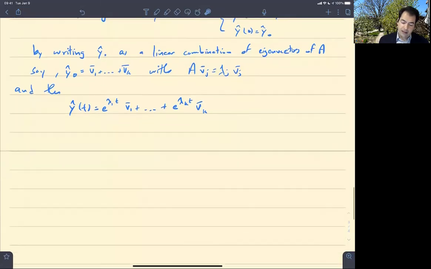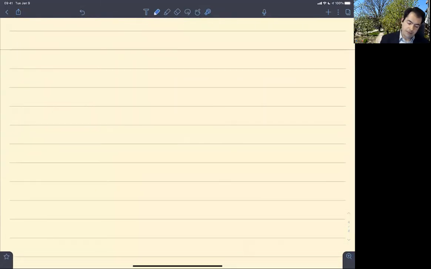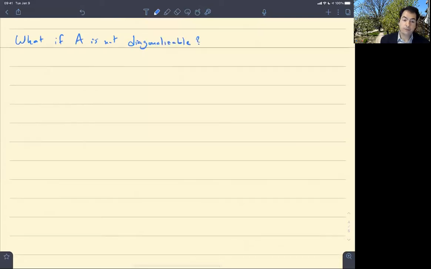What if A is not diagonalizable? Well, using a basis of generalized eigenvectors, you can get A into a block diagonal form.